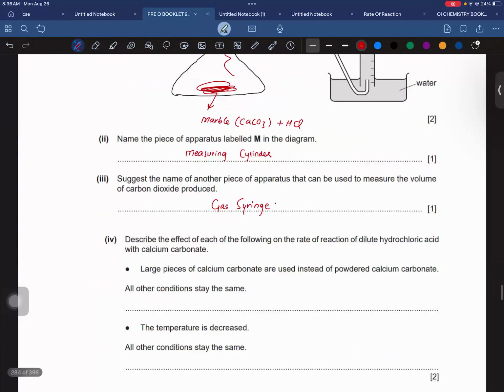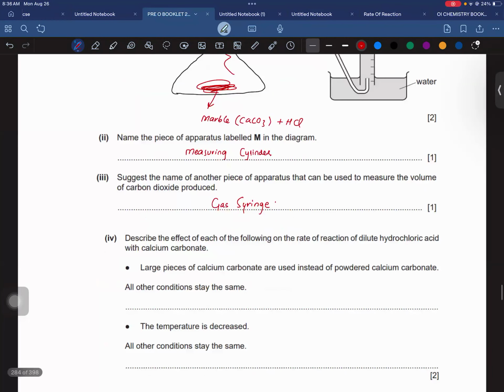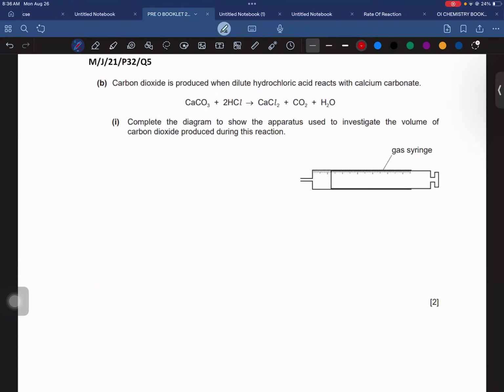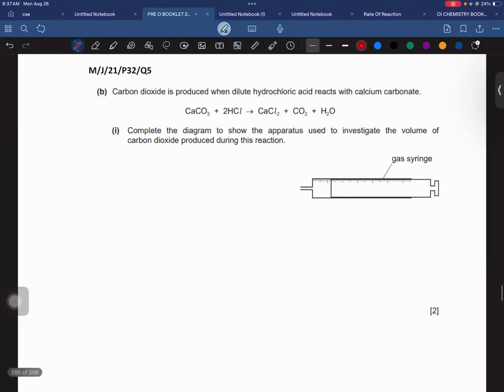See this. You are supposed to draw this and then send it to the group. Fast, right now. I want to see what you are going to draw, what you are thinking right now regarding this, if we are going to determine the rate of a reaction.